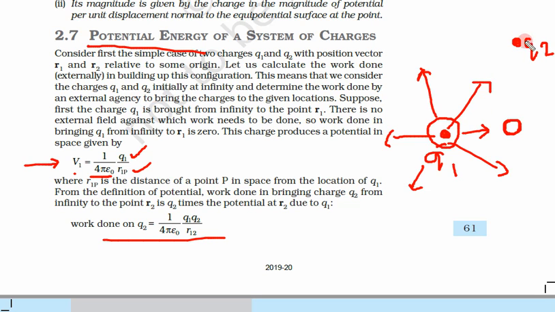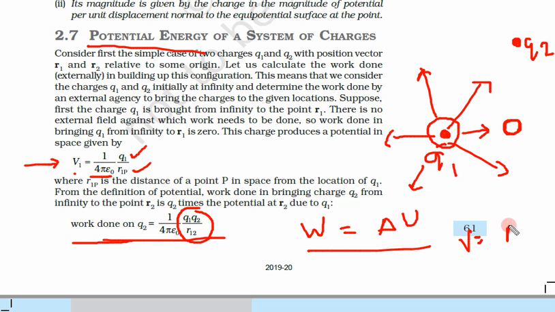Now we bring this charge Q2. What would be the work done? Work done on Q2 is simply 1 upon 4 pi epsilon naught into this potential. This work done can be stored as potential energy, and potential was simply delta U by Q, where Q here is Q2.